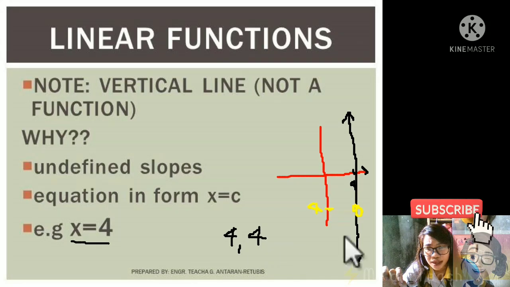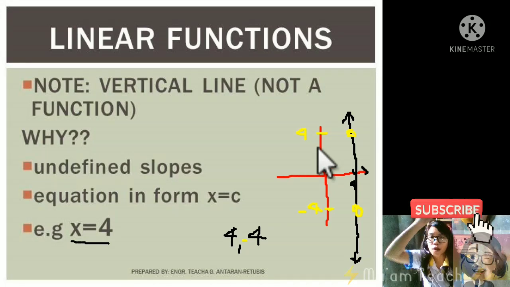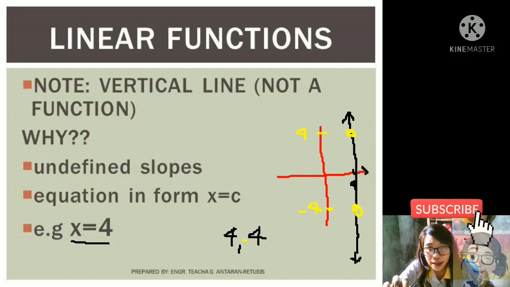Okay? Now, how about at this point? Let's say at this point right here. Still, the value of x is 4, right? But then, if you trace, this is the value of y. Let's say this is, no, I'm sorry, this is negative 4. So let's say this is negative 4. Well, this one at the upper part, positive 4. Kindly correct this, class, this is negative 4.